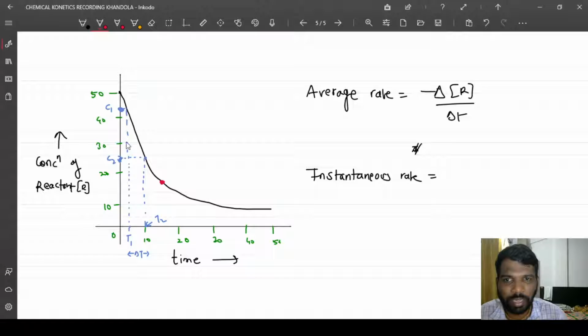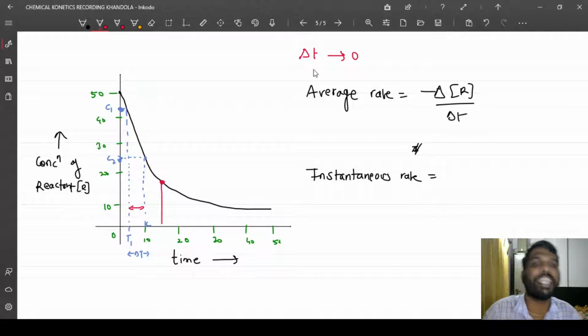So I'm not taking a large difference between the concentration, nor a large difference between the time. Just consider that this difference between two time intervals, delta t, is tending to 0. It is tending to 0, but it is not equal to 0, right? So at that instant I want to find a rate.